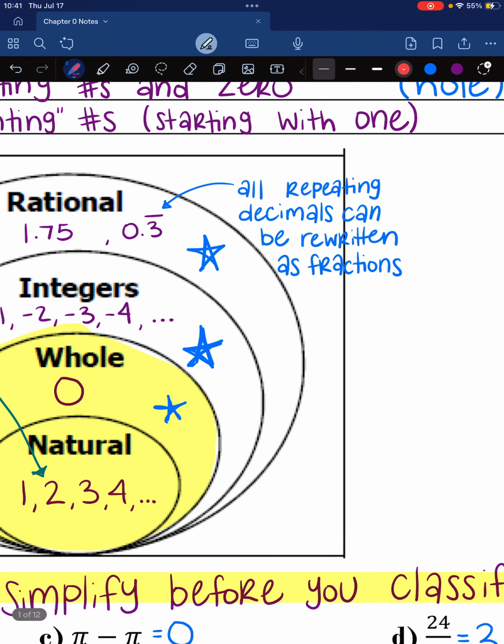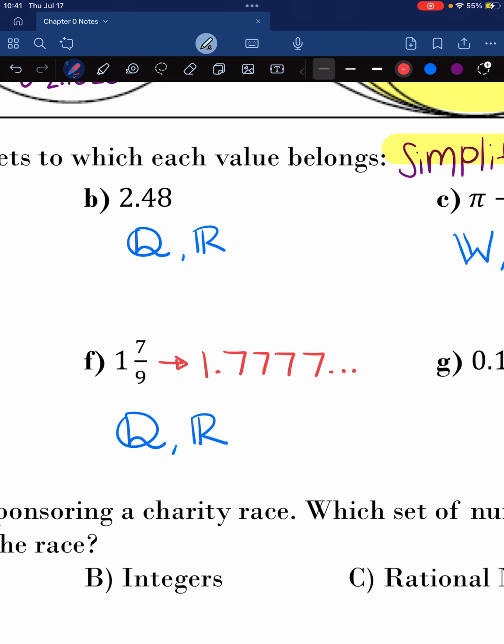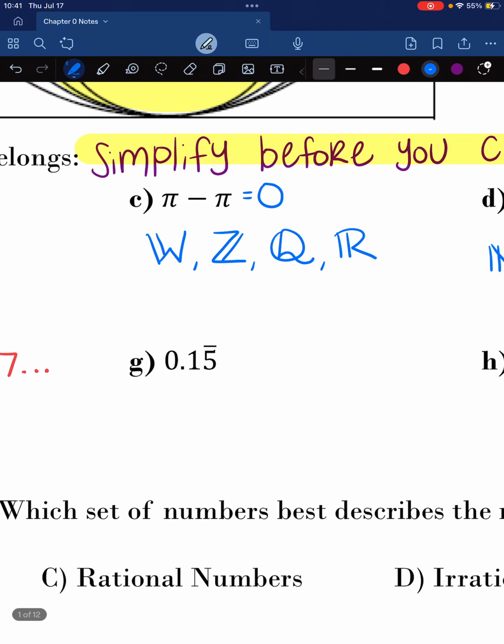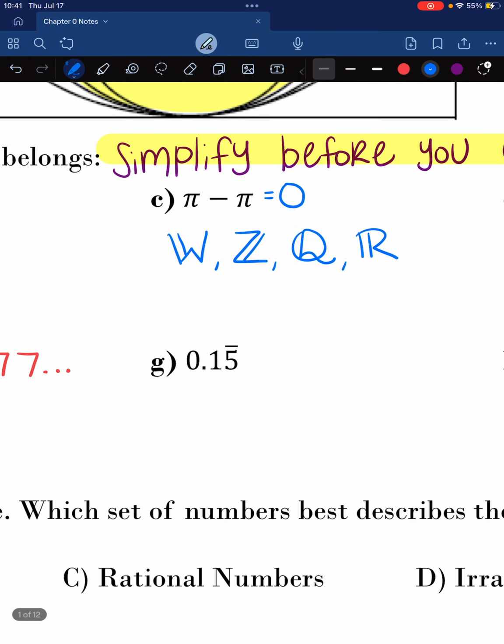All repeating decimals actually can be rewritten as fractions. You don't need to necessarily know how to do that. There is a really cool trick if you want to look it up. But what you need to know is if you see that decimal repeating, it will be classified as a rational number. Okay, so that helps us with G here.